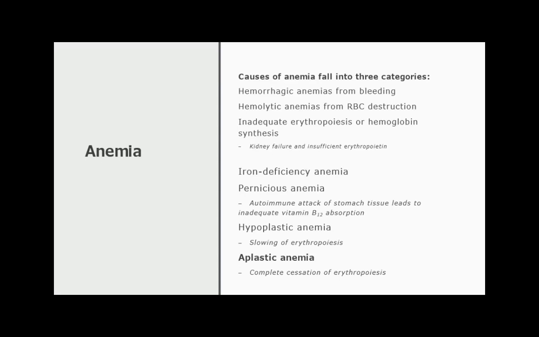You've got iron deficiency anemia. Okay, so that is an inadequate hemopoiesis. Pernicious anemia is an autoimmune attack of erythropoietic cells. We see it going into your vitamin B12. Your body needs to absorb it, right? Vitamin B12 is really important.